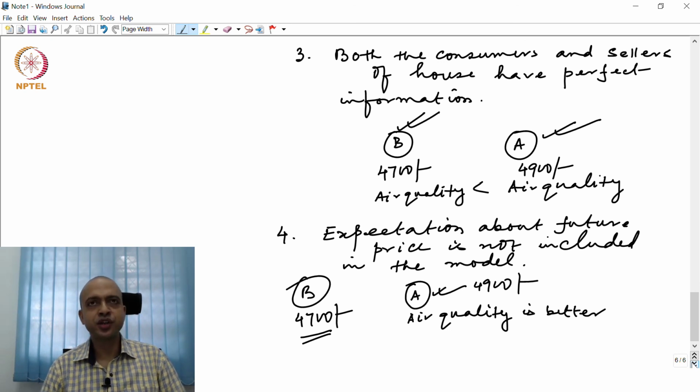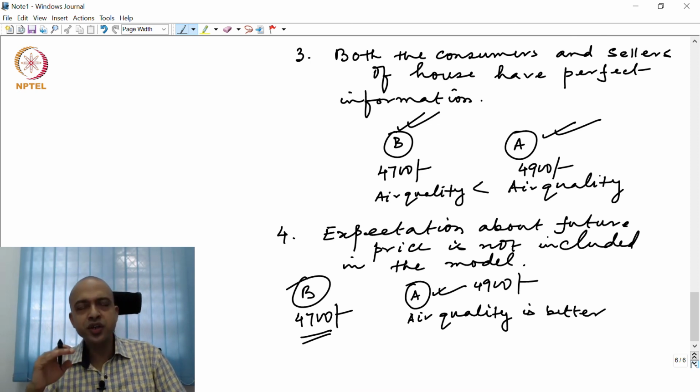In most cases, it is a kind of long-term investment. So individuals keep in mind the capital gain. So when I'm paying 200 rupees extra by investing in a locality, that is not purely based on its environmental quality or neighborhood-specific factors.